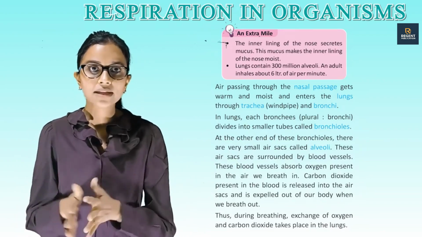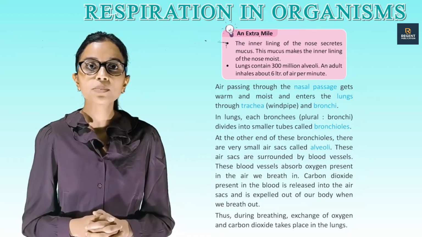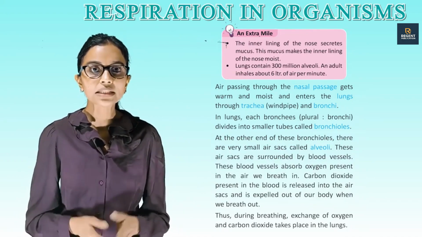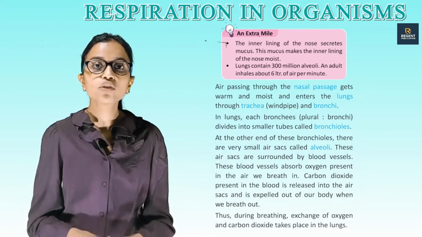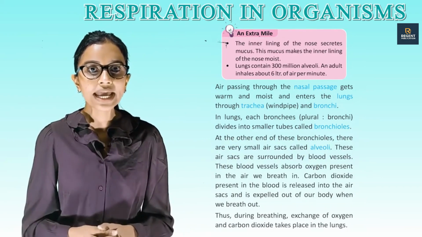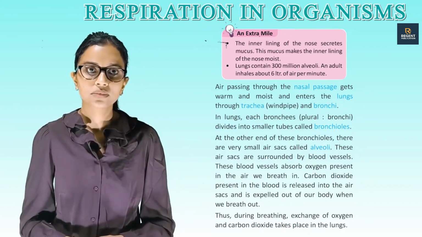These air sacs are surrounded by blood vessels. These blood vessels absorb oxygen present in the air we breathe in. Carbon dioxide present in the blood is released into the air sacs and is expelled out of our body when we breathe out. Thus, during breathing, exchange of oxygen and carbon dioxide takes place in the lungs.